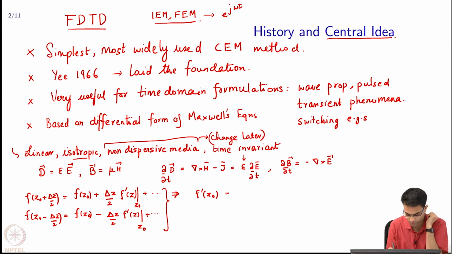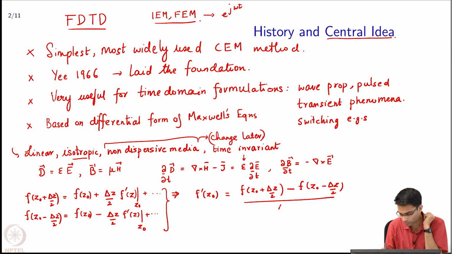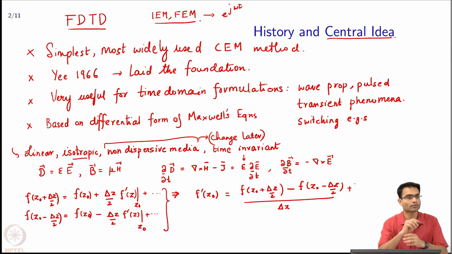It is understood by now. So this is your f of z naught plus delta z by 2 minus f of z naught minus delta z by 2, divided by delta z. Okay. What is the error term over here? There is an error term over here which I am ignoring when I subtract. What order will it be? Square.